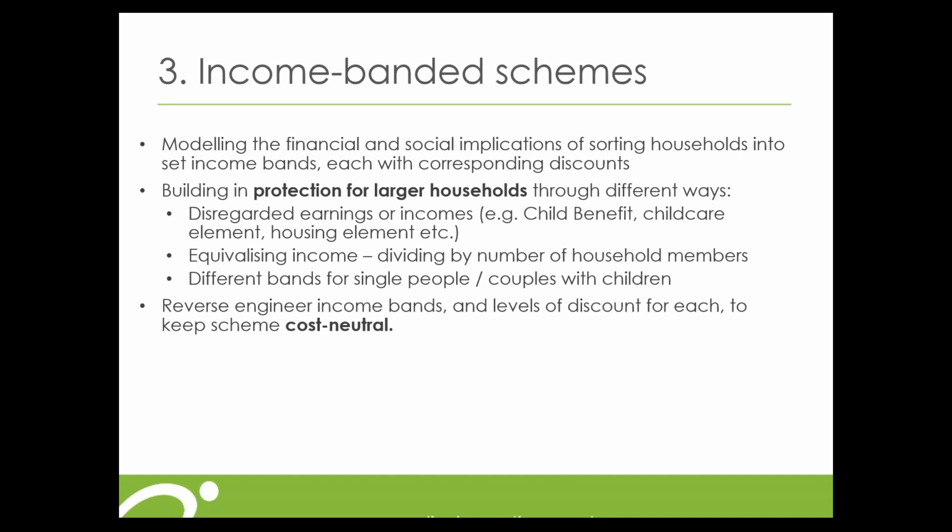So that's something to bear in mind. And then for both this scheme and the discount scheme that I'll speak about in a second, what we can do is reverse engineer how we calculate the income bands and the levels of discount for each, so that the cost of this scheme is roughly the same as what the cost is now, or at least what it would be if you did nothing.